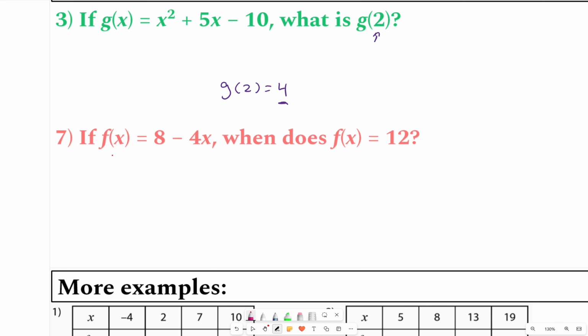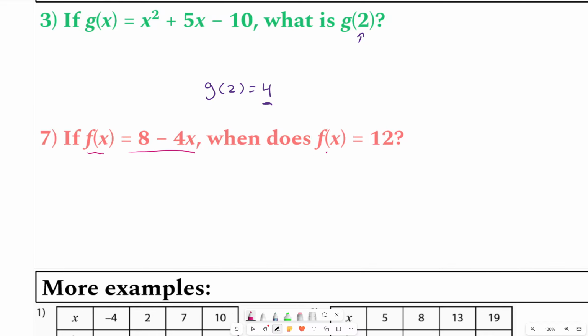It says our function f of x is equal to 8 minus 4x. When does f of x equal 12? When does the function have an output of 12? Well, normally we have an input that tells us what the output is, but this time they give us the output and want us to tell them what the input is.